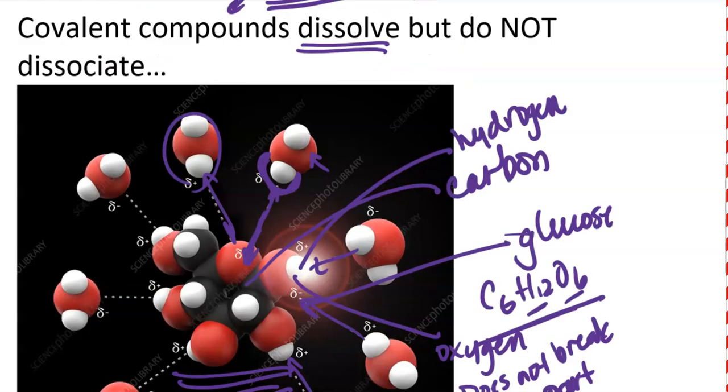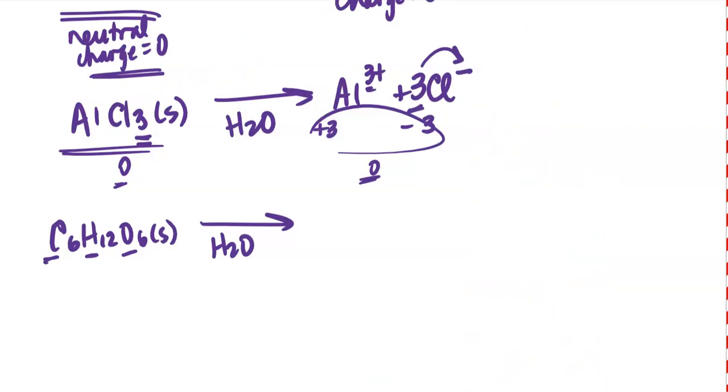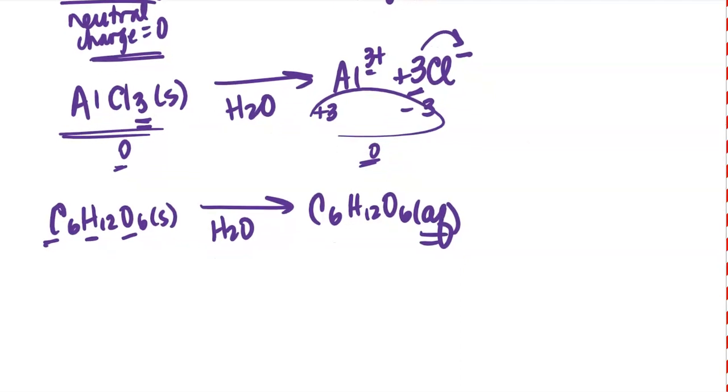And we've also talked about the difference between dissociation and dissolution, and we know that this glucose molecule stays together. And so the way that we would represent that is simply by repeating the formula and putting the aq abbreviation to show that we're discussing an aqueous solution of glucose.